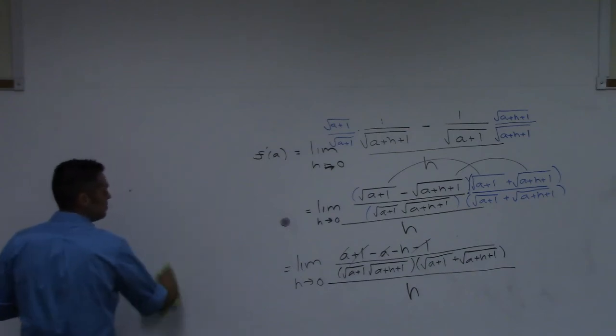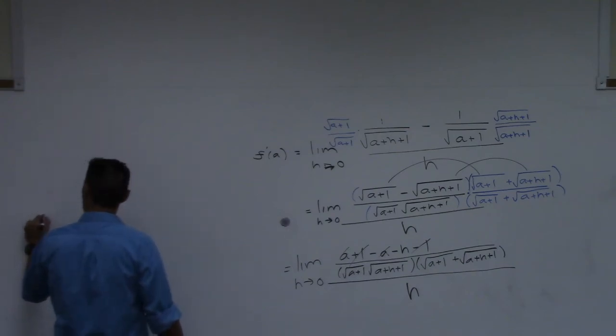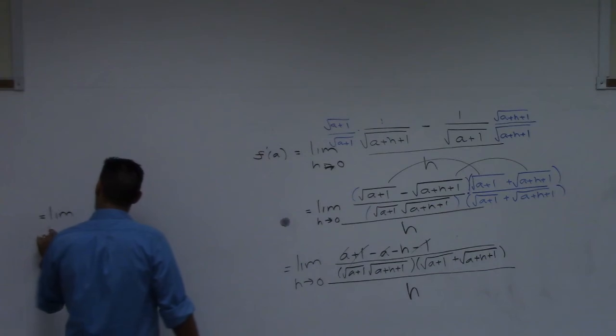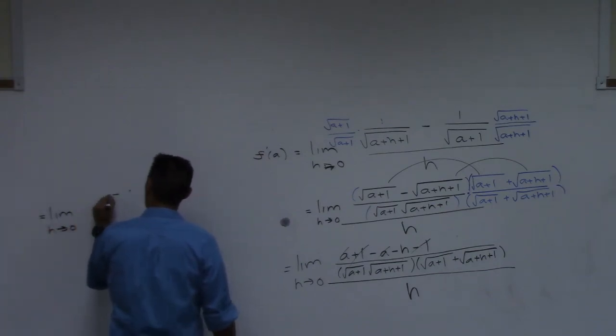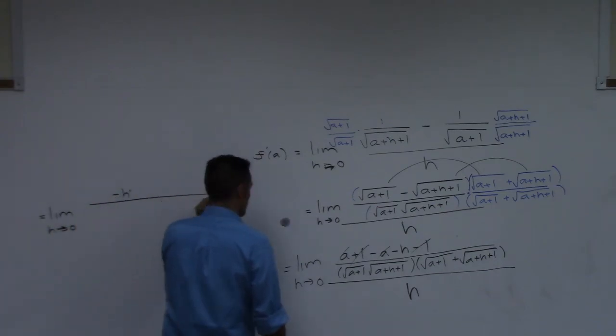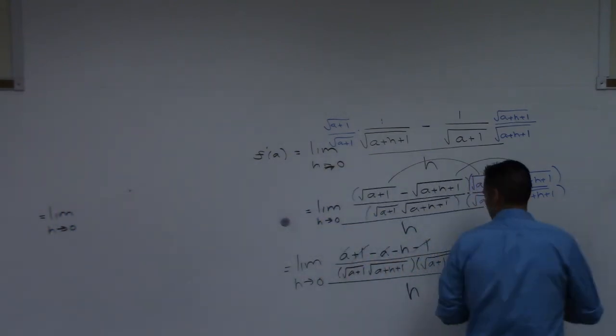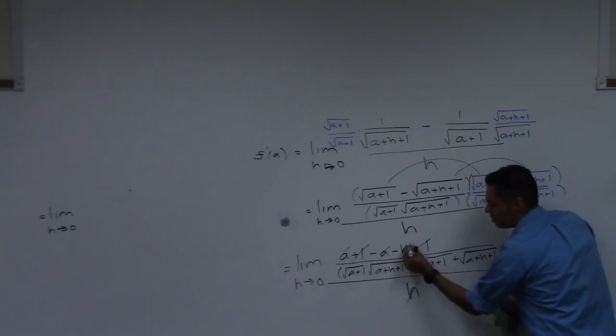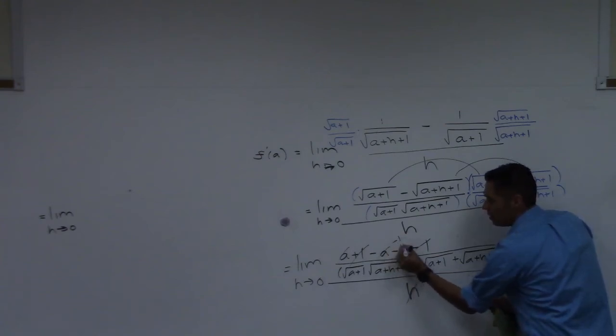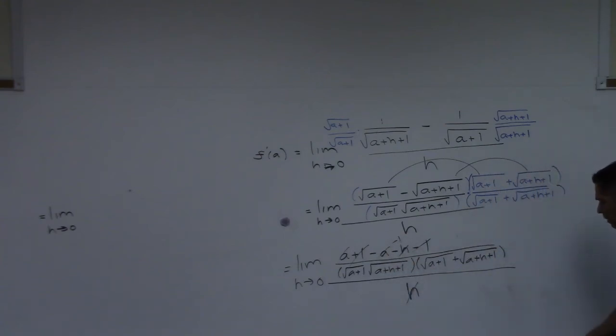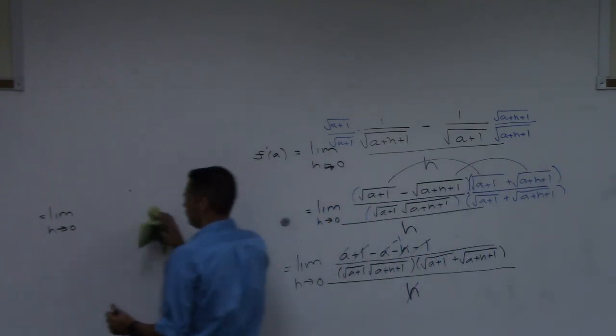The algebra of this one is really messy. So I have limit h goes to 0, negative h over, oh, well, you know what? Do I have to do negative h? Can I cancel it now? Yeah. OK, I'm going to cancel it now. This will cancel out. Don't forget, you'll have a negative 1 right here, right? So I have negative 1.